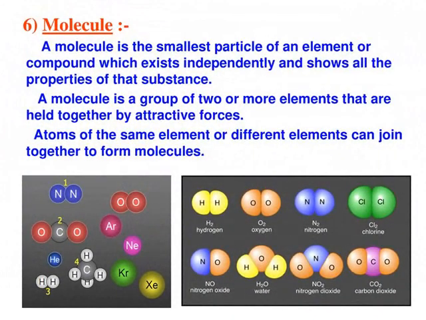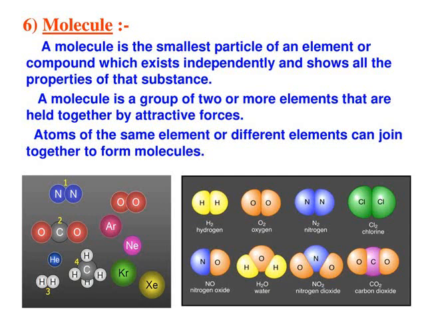Now let us see what a molecule is. A molecule is the smallest particle of an element or compound which exists independently and shows all the properties of that substance. Hydrogen is an atom, and oxygen is an atom.